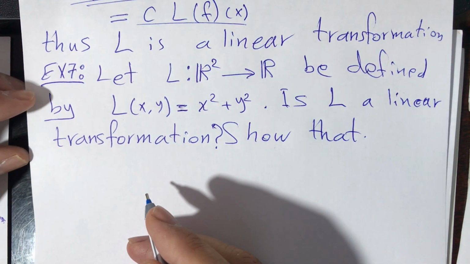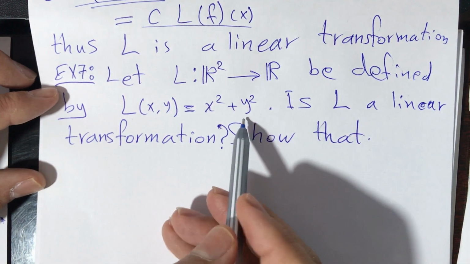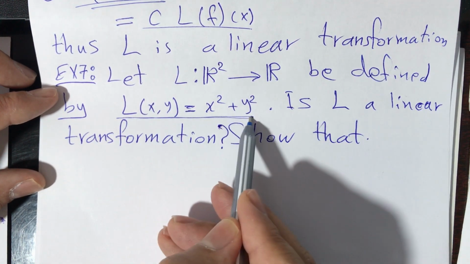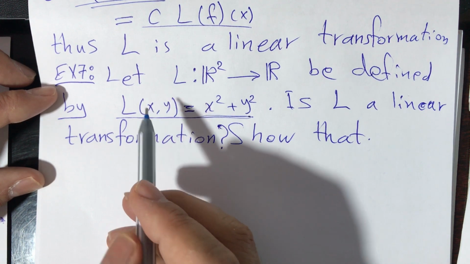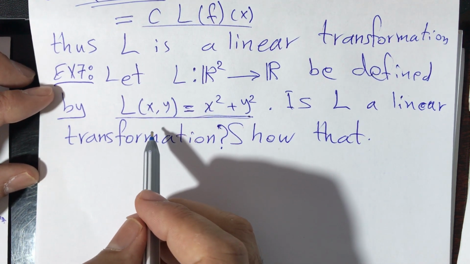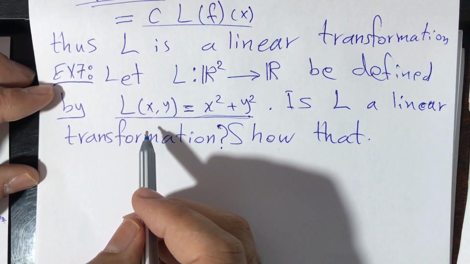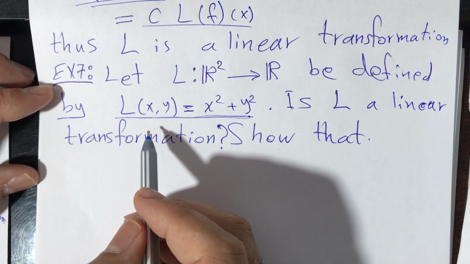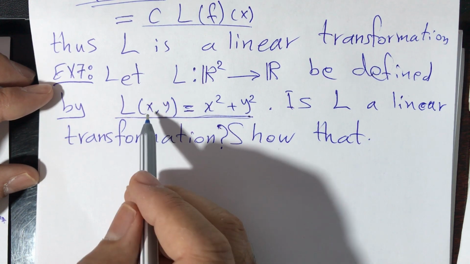If L satisfies condition 1 and condition 2, then we call it a linear transformation. If one of these two conditions is not satisfied, we call it not a linear transformation. So it has to satisfy two conditions.